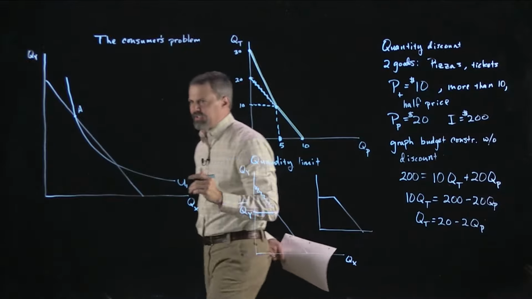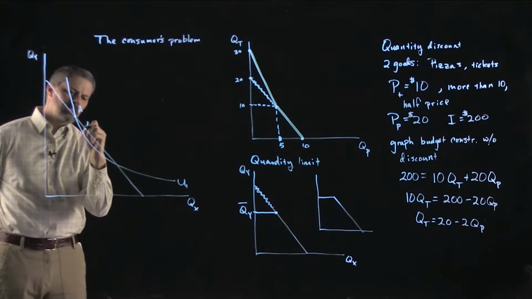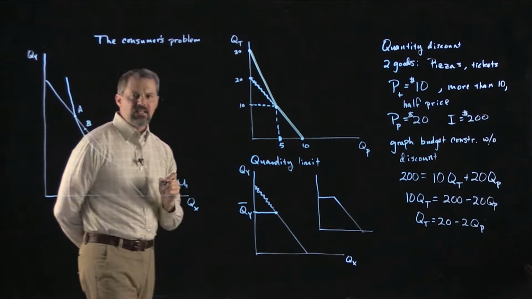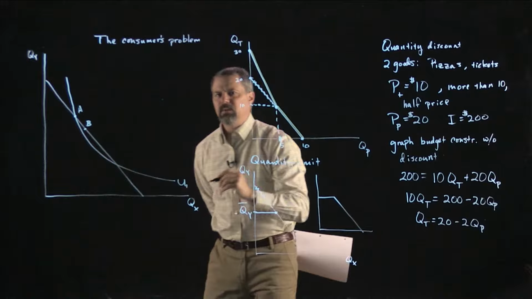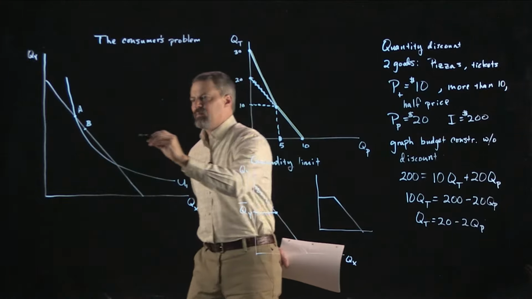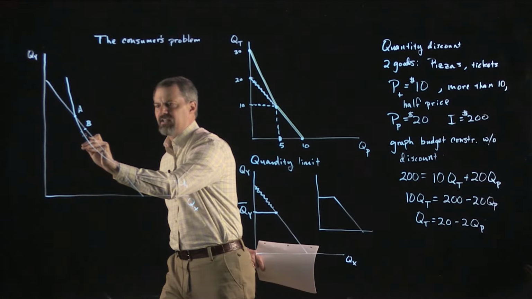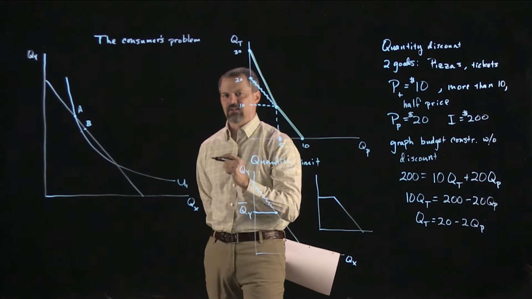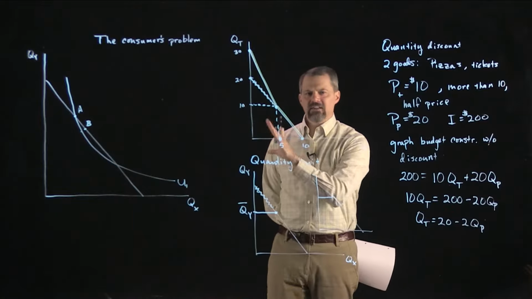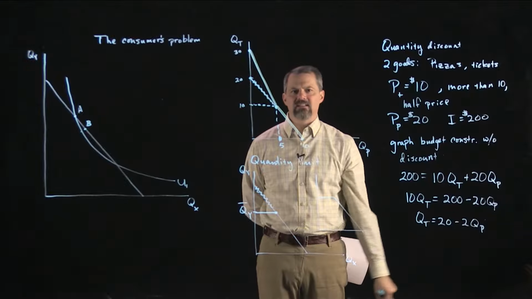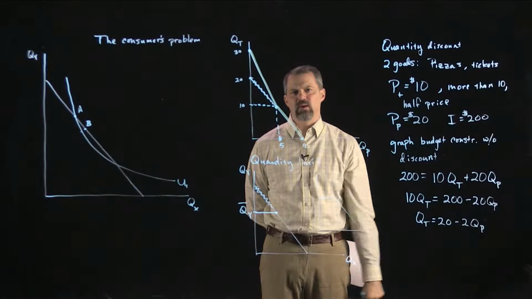Because what could happen is the consumer can afford bundle B. Bundle B is an affordable bundle, and we know that bundle B would be preferred to bundle A because bundle B has more of both goods than this bundle right down here, which the consumer is indifferent to A. So we know that given that budget constraint and given that indifference curve, the consumer would never choose bundle A. They would rather have bundle B.